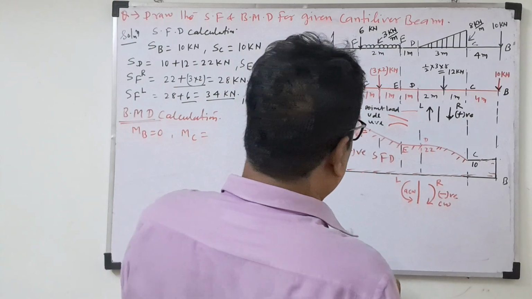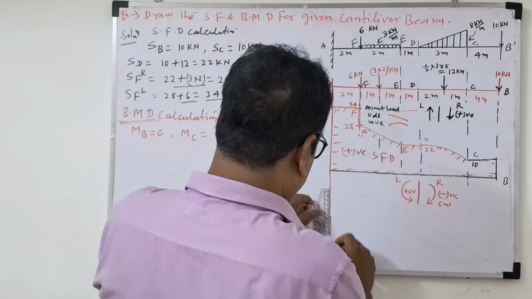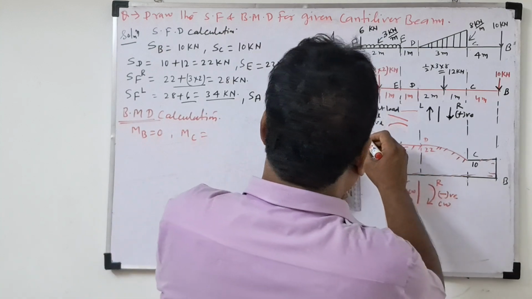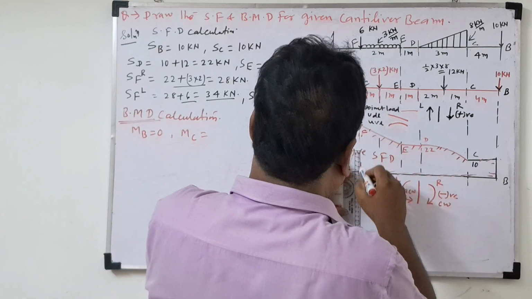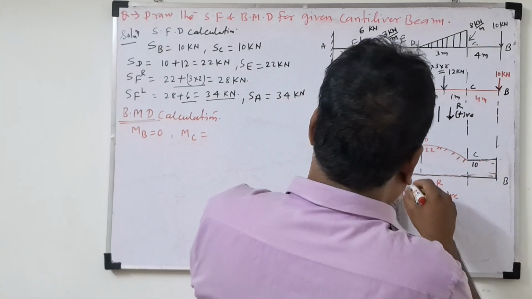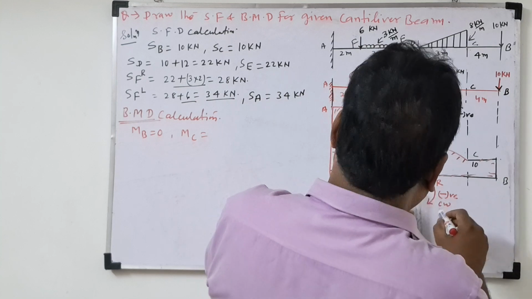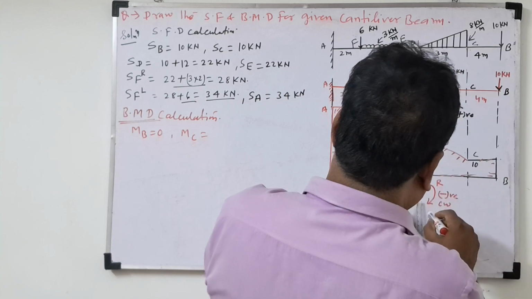Okay. So this line you also extend here to draw the bending moment diagram. A thin line you have to extend. This part also will be there.